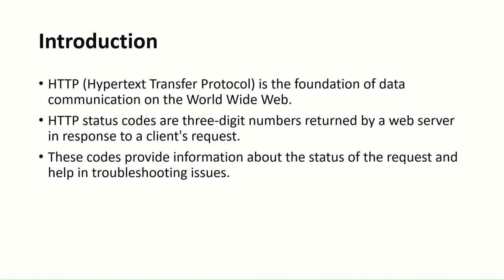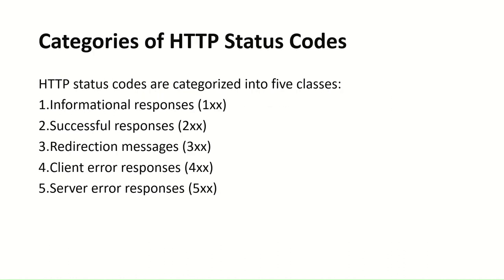Now let me go to the next slide and discuss the categories of HTTP status codes. HTTP status codes are categorized into 5 classes. The first one is the informational class, the second is the successful class, the third is the redirectional class, the fourth is the client error class, and the fifth is the server error class.